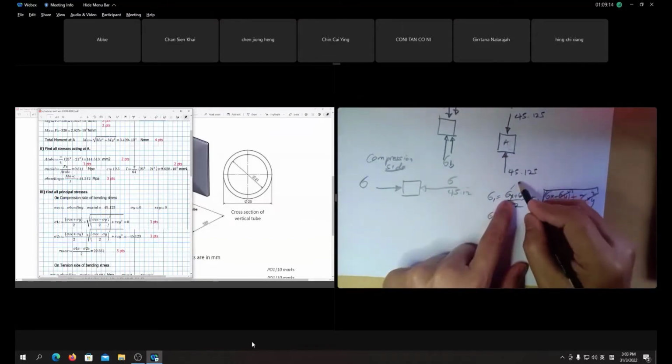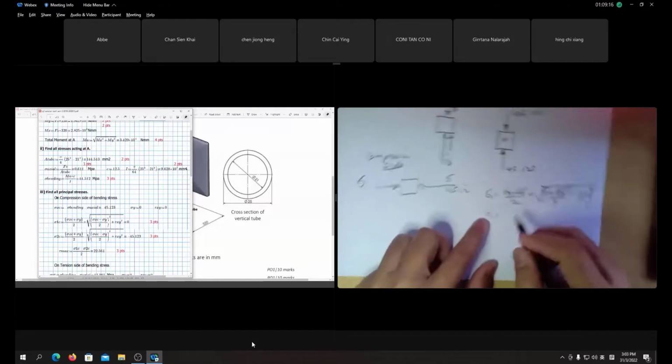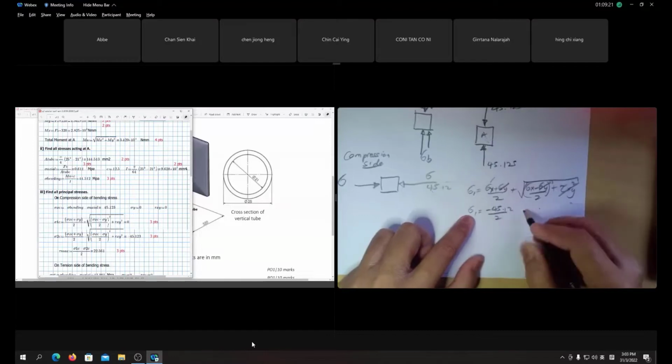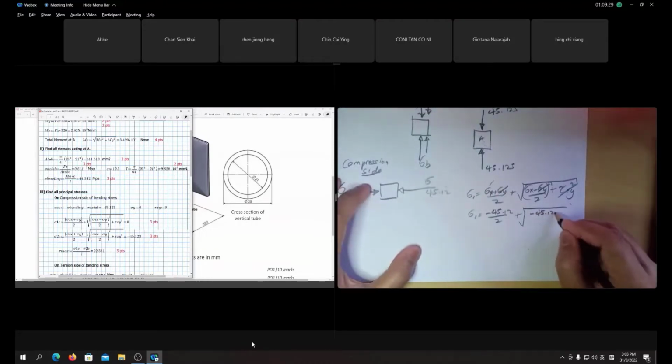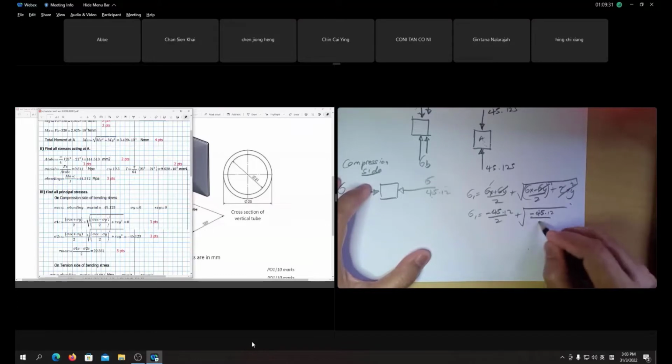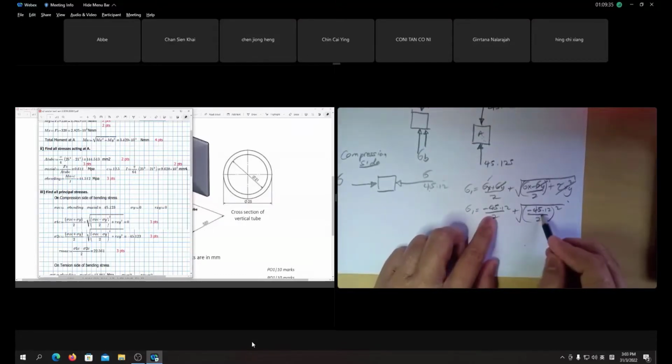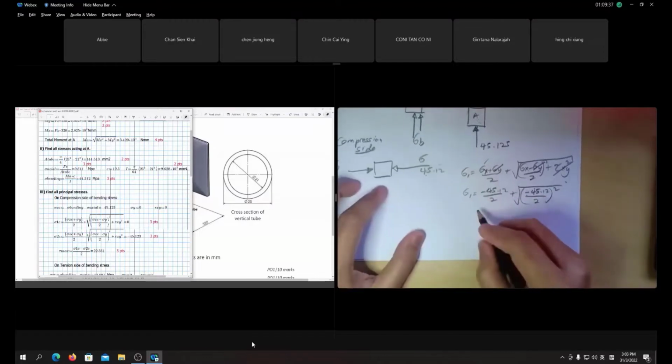Negative, right, class? So negative 45.12 over 2, plus the square root, this is negative too, because it is compressive. Be careful. So we got 0 over 2 squared. So this is the negative value, and the same value plus this one, we got 0.